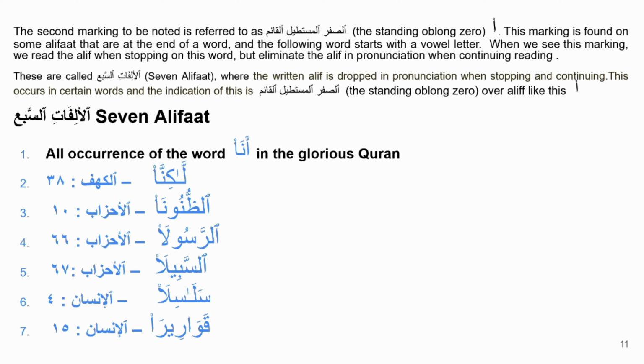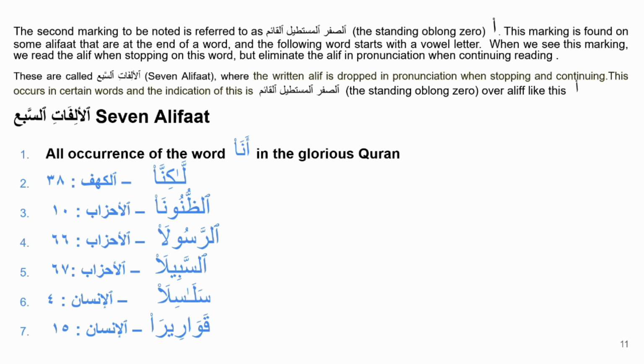The second marking to be noted is Sifar al Mustatilul Qa'im, the standing oblong zero, and this is the symbol that you see on the top of Alif, that this circle is slightly oblong and different than Sifar Mustadir. This marking is found on some Alifat, famously known as Al Alifaat Sab'a or seven Alifat.